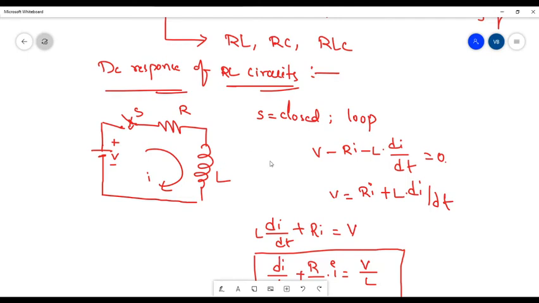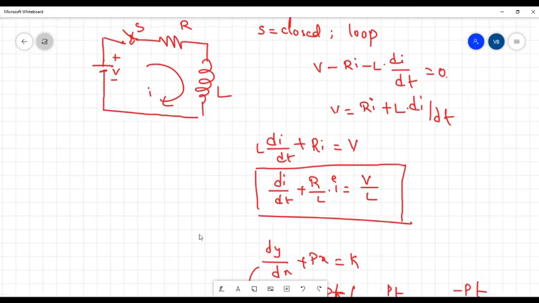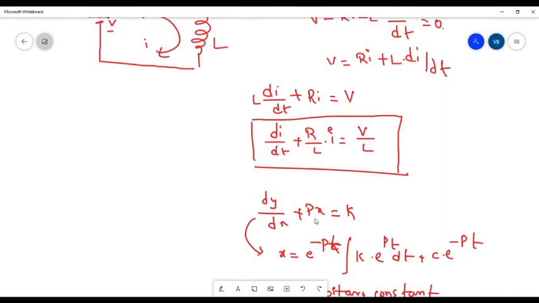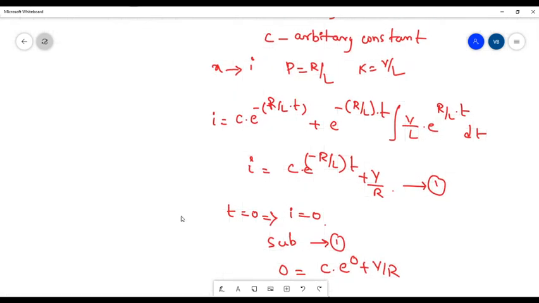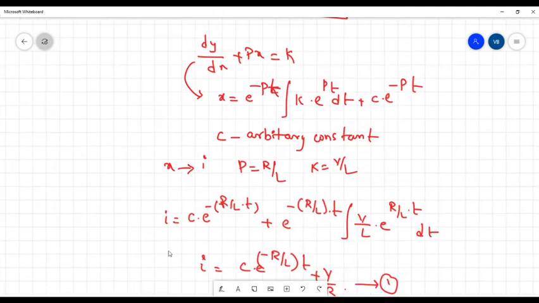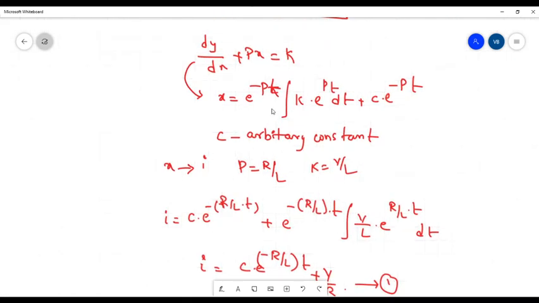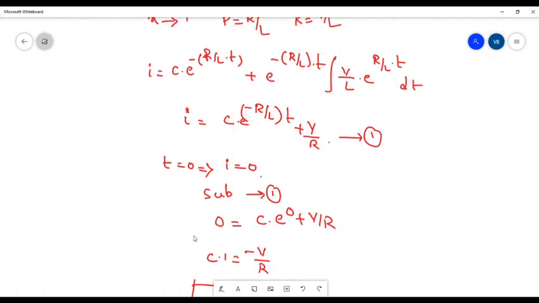So here we wrote the KVL equation, which is in the form dy by dx plus Px equals K. For this we can write the complementary function as well as the particular integral. This is called the particular integral and this is called the complementary function. We add those two, then we get the I value.